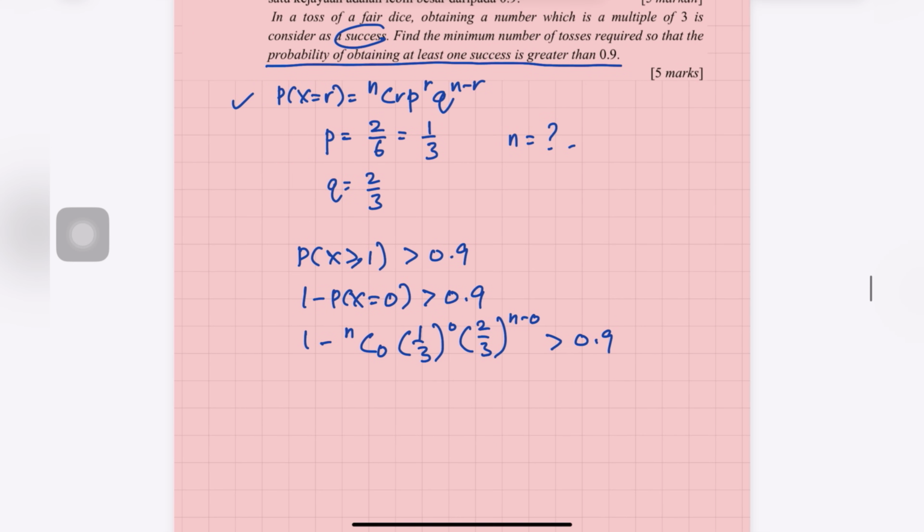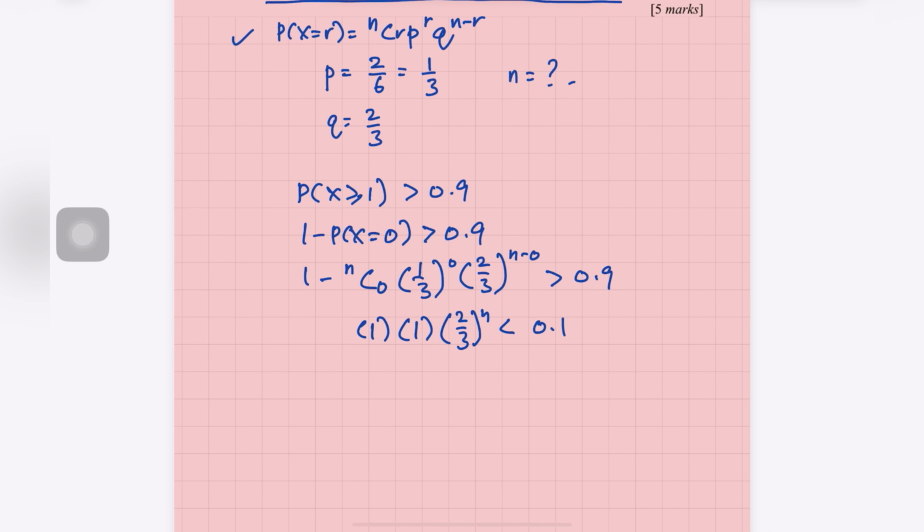The rest is normal calculation. nC0 is 1, this one is 1, and this one is 2 over 3 to the power of n. So this becomes less than 1 minus 0.9, which is 0.1.